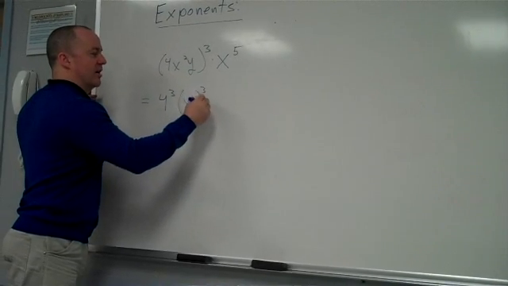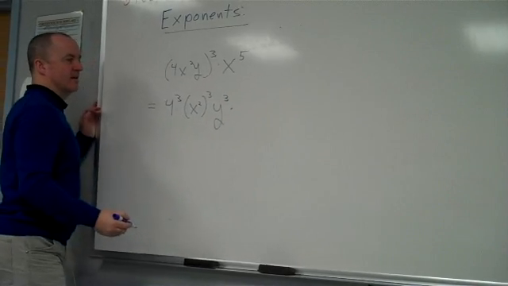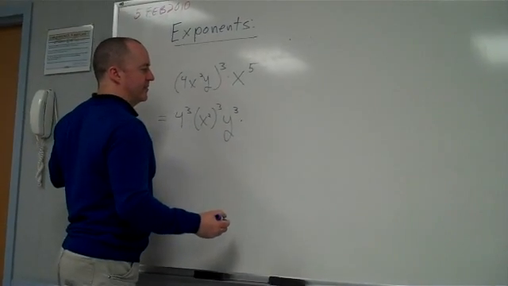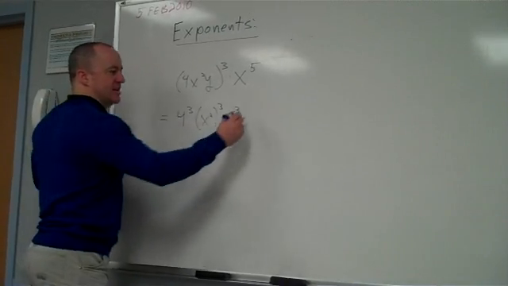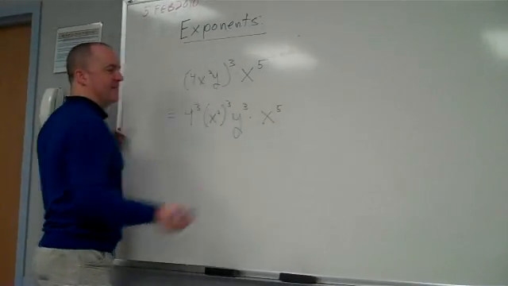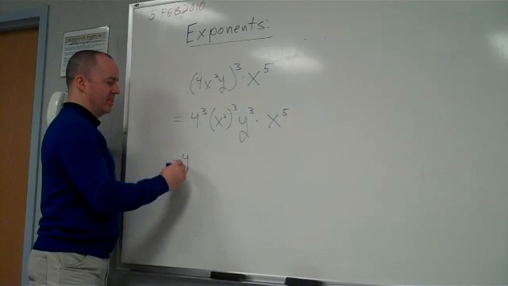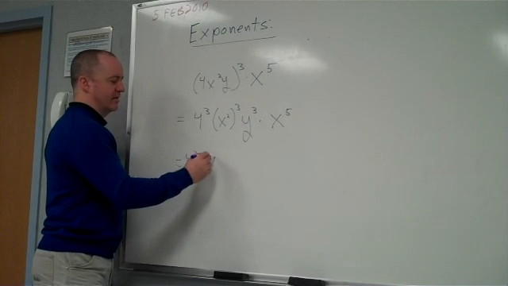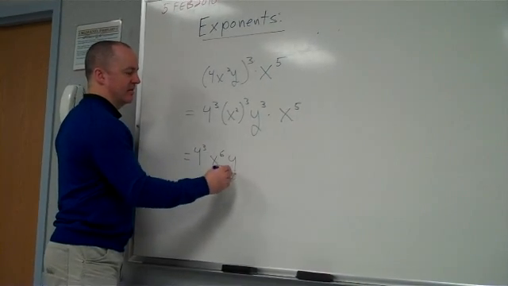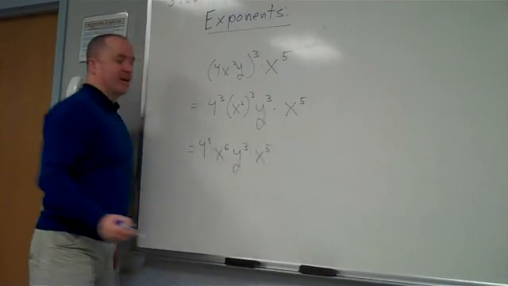For x squared, because the x already has an exponent, you have to multiply those. I'm going to show that step next, and I'm just going to bring down the x to the 5th now. So it's going to be 4 to the 3rd times x to the 6th times y to the 3rd times x to the 5th. Very good.